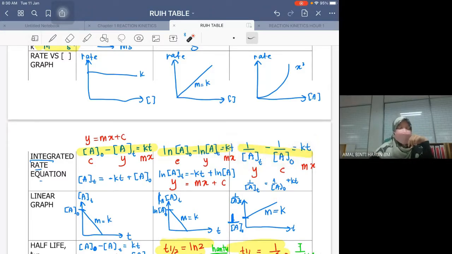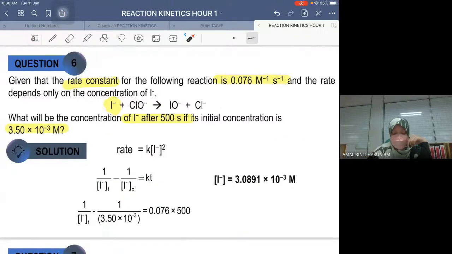Sama ketiga-tiganya. So, untuk soalan ni, kita kena tahu order yang mana satu, sebab kita nak cari concentration selepas satu tempoh. What will be the concentration after 500 seconds? Lepas 500 saat, berapa concentration dia?